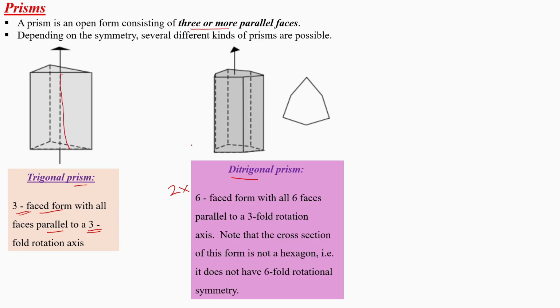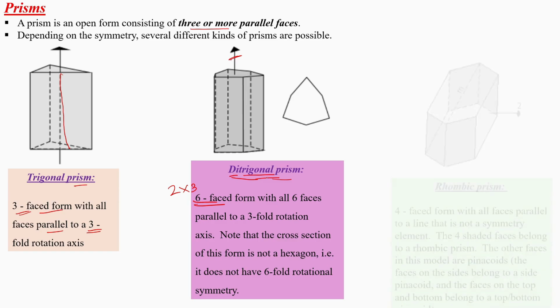So 2 into 3, a total of 6 faces, we will get in this ditrigonal prism. You can check the cross section from the top. If you see, it is not a hexagon, and it does not have a six-fold rotation axis. It has a three-fold axis. That is the distinction to identify the ditrigonal prism.